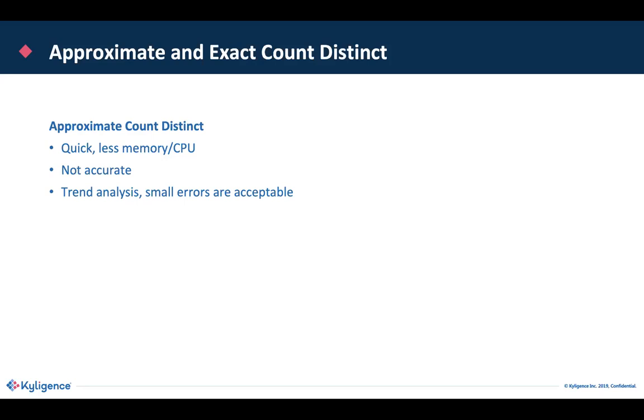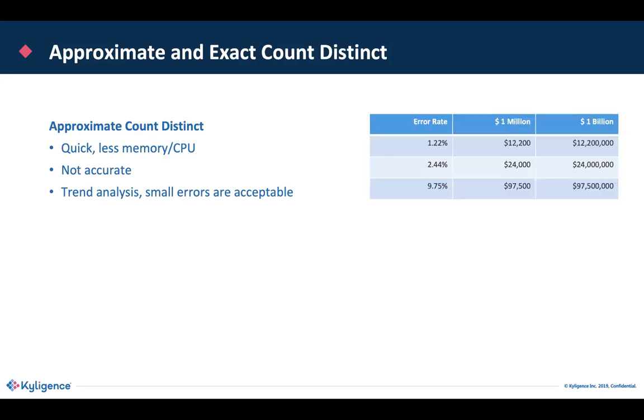For example, if we turn the error into money, it will be more intuitive. Assuming the correct result is $1 billion, if we are using approximate count distinct with 1.22% error rate, it may produce an error of $12 million. That's a lot of money.